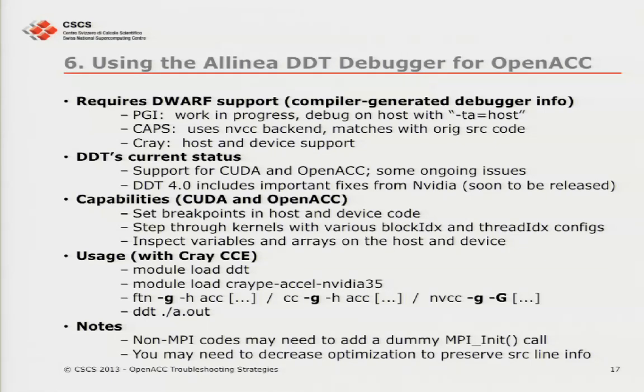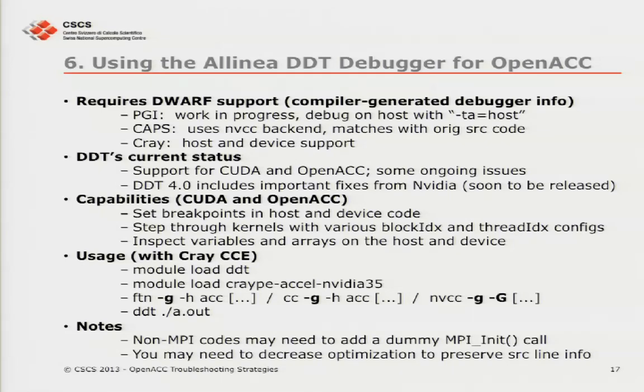With the Cray compiler, all you have to do is load the module and basically add a -g. There are certain cases where adding this -g will change how the compiler does the loop scheduling, and you may run into problems with this, but you can try changing the optimization levels, and perhaps this will help out.